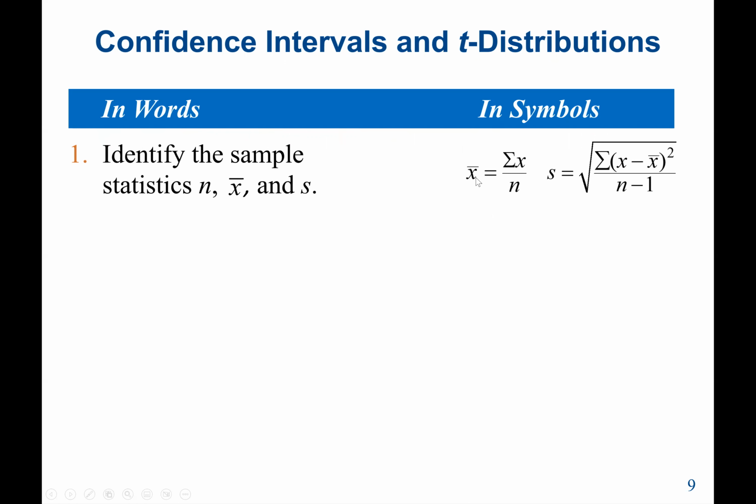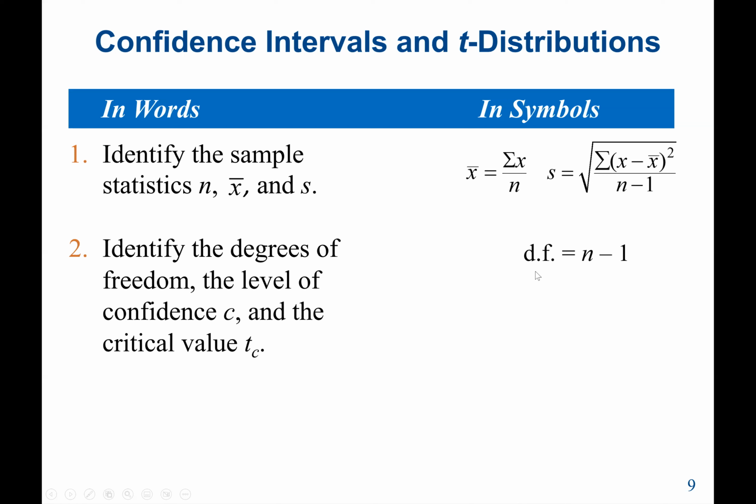To find the sample standard deviation, it will be each x value minus the sample mean, all squared, and we add all together, divide by n minus 1, and then we find the square root of it. That will give us the sample standard deviation.